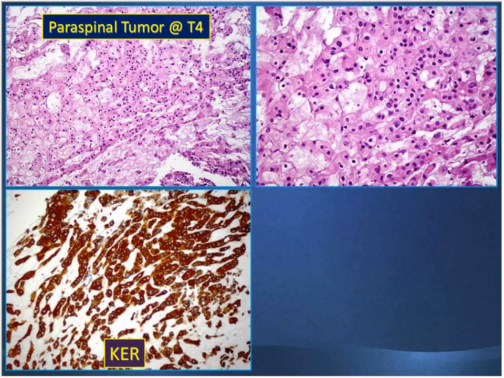The hematoxylin and eosin slides on the top show a paraspinal tumor at T4. Frankly, by the H&E stain and the location, we were thinking of either hepatocellular carcinoma or even a renal cell carcinoma with that morphology, and neither of them actually reacted for the usual markers.